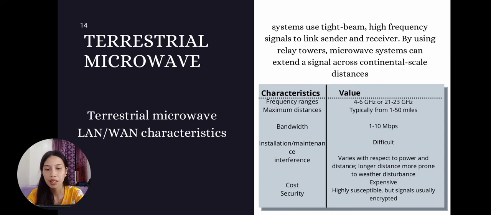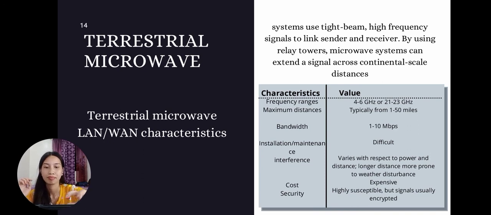The tight beam nature of microwave system means that transmitters and receivers must align precisely for best results. Some low-powered microwave systems are available for short-range LAN use, but these too require a clear line of sight between transmitters and receivers. Table 3-8.